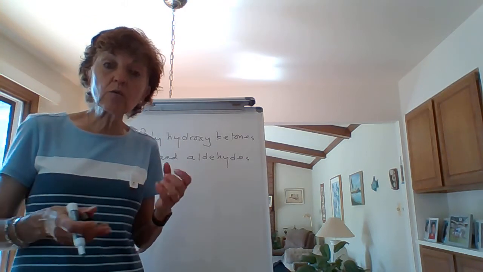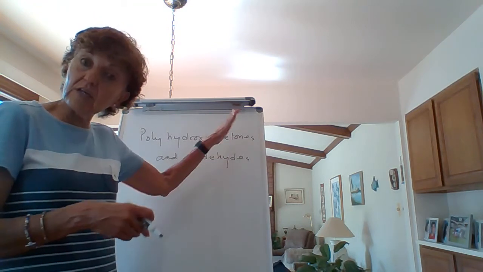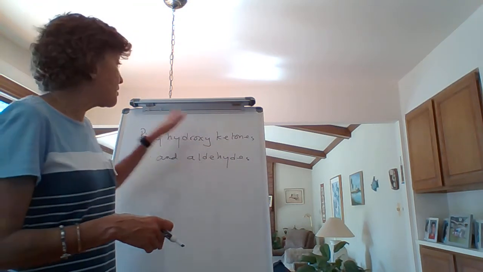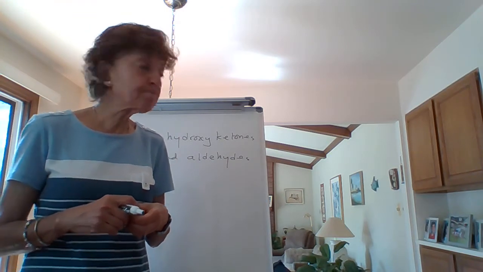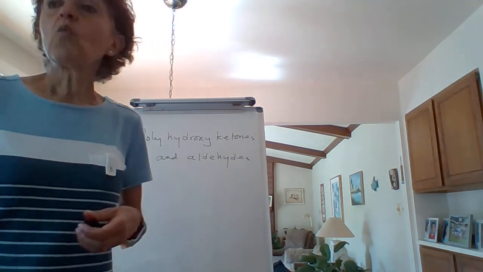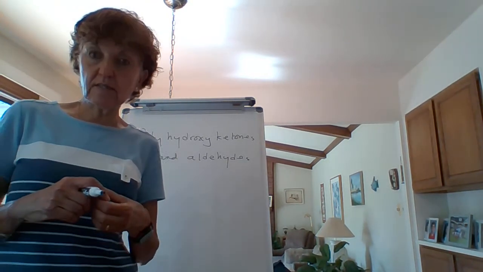So what I'm telling you is that a carbohydrate is usually going to have a ketone group or an aldehyde group, but it also has a whole bunch of OH or hydroxy groups. Okay? Now, what are some functions of carbohydrates in your body?